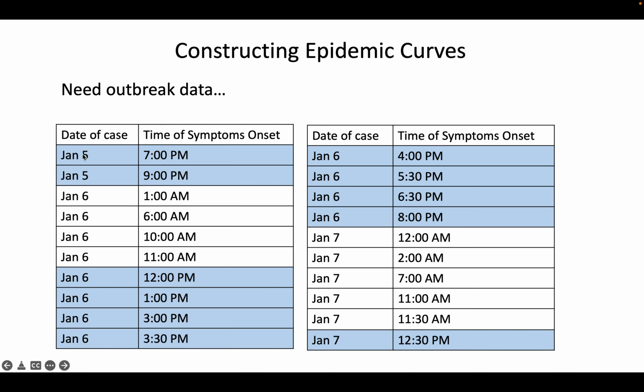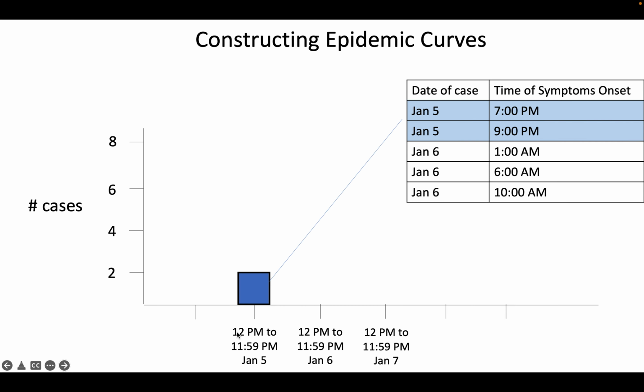What this would look like is the first case was on January 5th at 7 p.m. If we break it into intervals, on each day 12 p.m. to 11:59 p.m., and the interval in between would begin at 12 a.m. on the 6th and go all the way to 11:59 a.m. on the 6th.